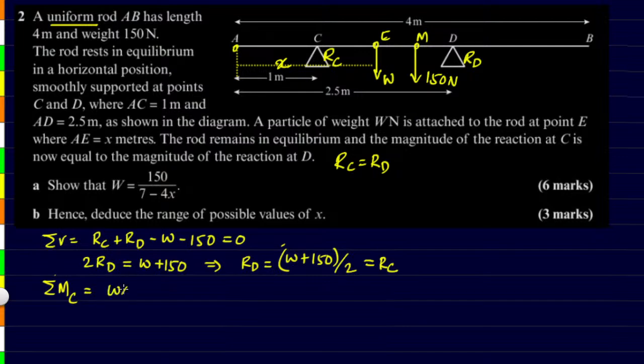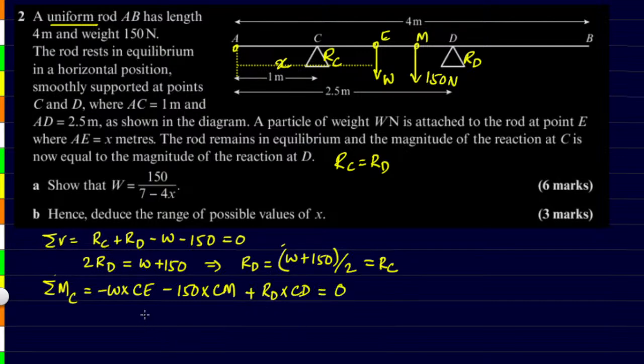W into distance CE, this one is clockwise, so negative. Then 150 into distance CM, this is also clockwise, so minus. Then RD into CD, this one goes anti-clockwise, so plus, equal to 0.